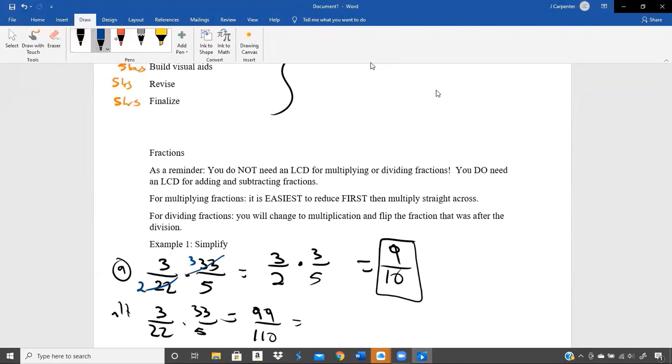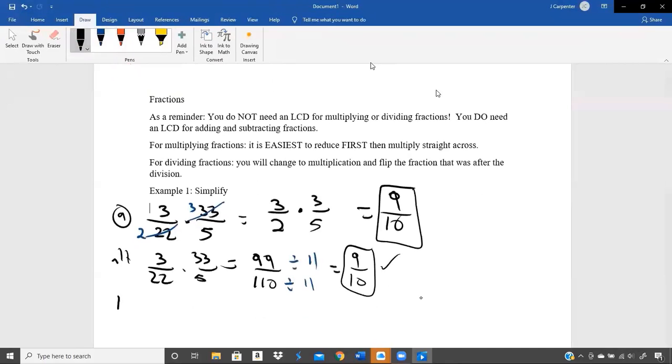And you might write it this way. Instead of the slashing, maybe you show the division symbol. It's up to you. And you say, oh, 11 goes into both of these. 99 divided by 11 is 9. 110 divided by 11 is 10. Same answer. Don't care how you're doing your arithmetic as long as you've got a method that works.